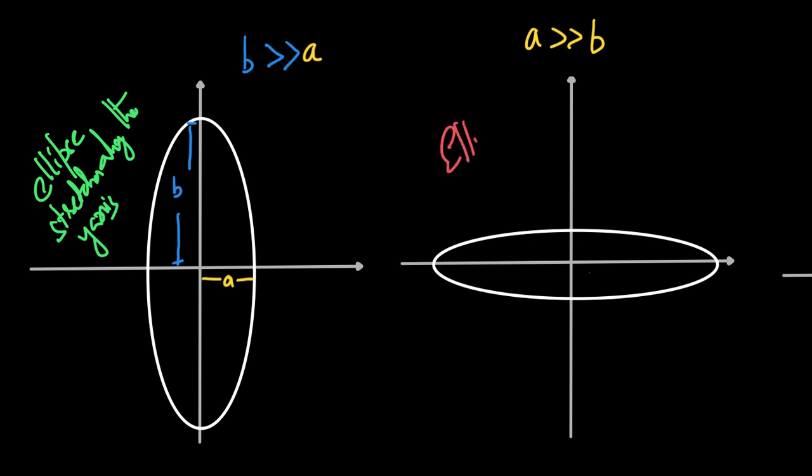So the ellipse will stretch more along the x-axis like this. So this is A here, and this aspect is B. Now, the moment we say A is less than B and A is greater than B, what else should come into our mind?